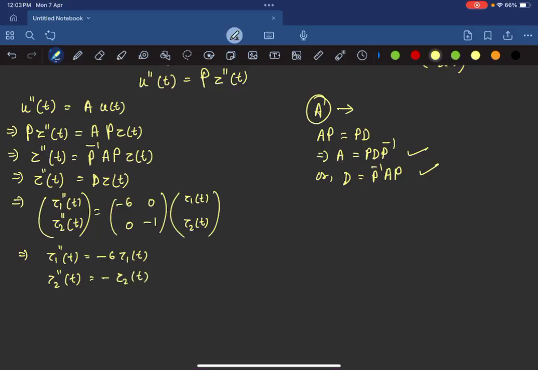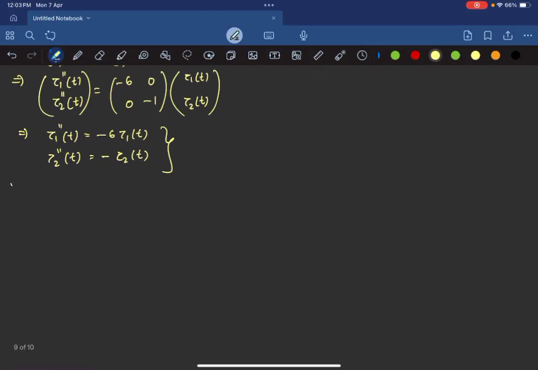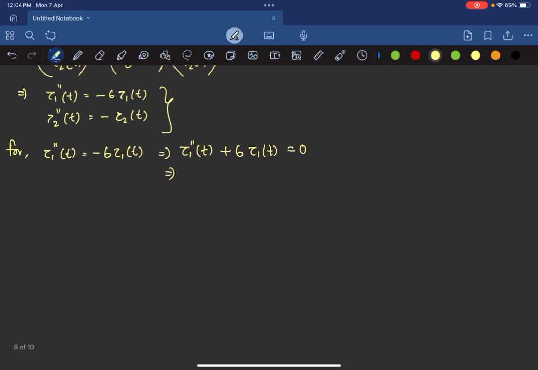If you individually solve these two expressions, for z1''(t) equals minus 6 z1(t), this is a simple second order equation with constant coefficients. Here z1''(t) plus 6 z1(t) equals 0, so we can introduce the CF form.